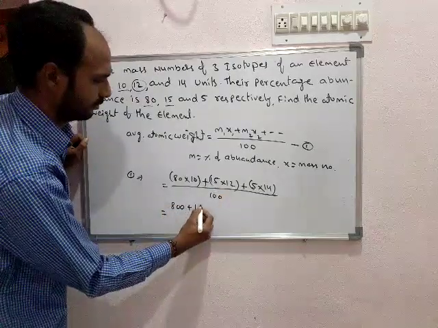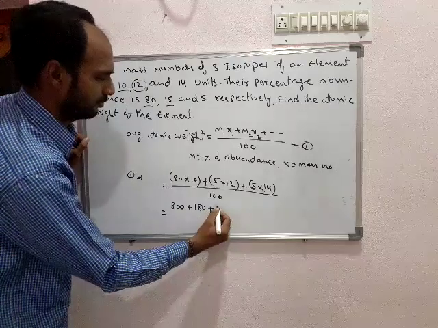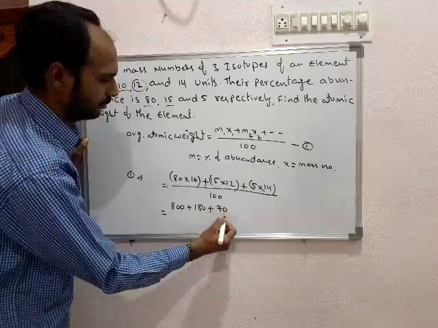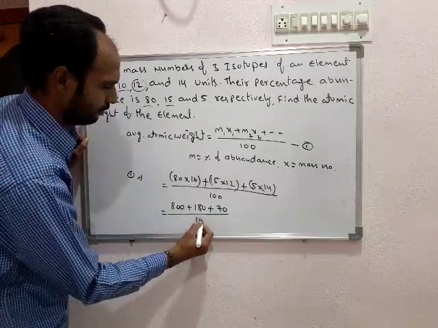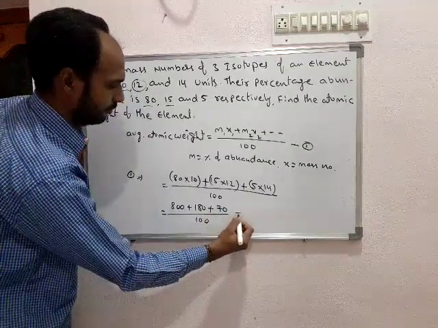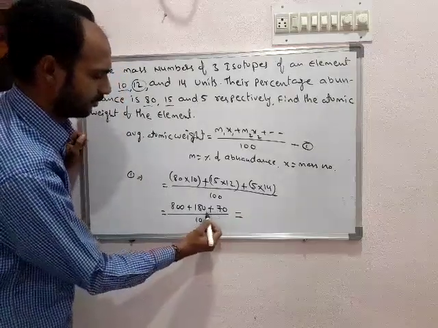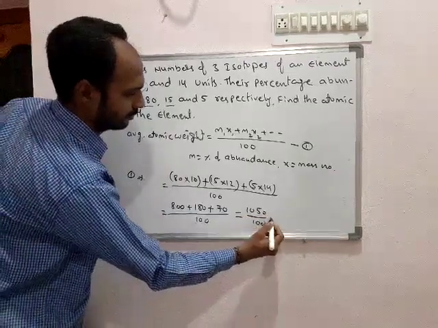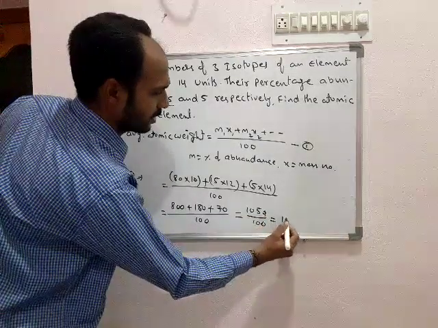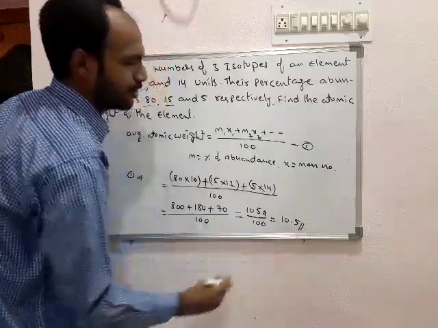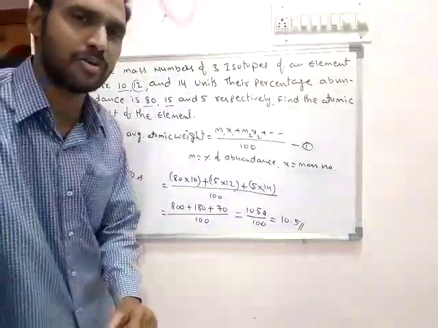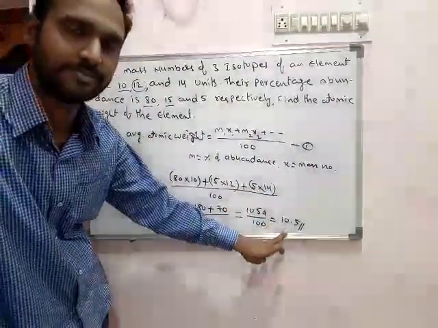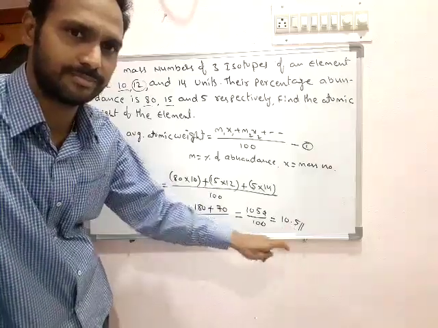Here, and here it is 10.5. So the average atomic weight of that element will be considered as 10.5. Okay.